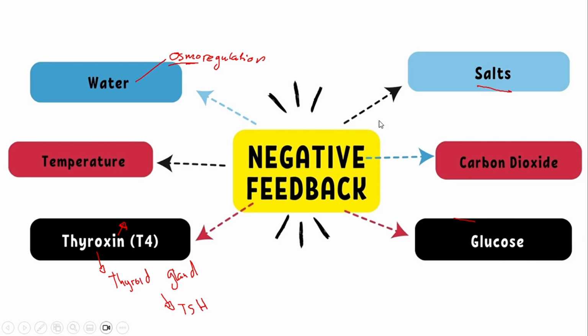Where it talks about all the types of processes that will require negative feedback. Okay, so you can go draw this mind map, right, and do your summary and write down notes behind each: salts, water, temperature, thyroxine, glucose, to give yourself a nice summary of negative feedback, right, and all the processes that are involved that require negative feedback.